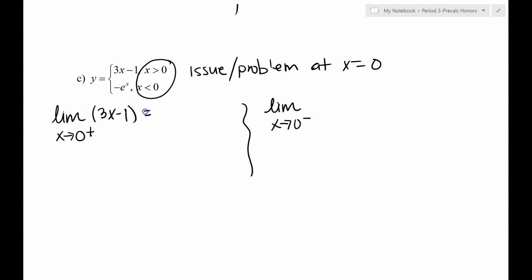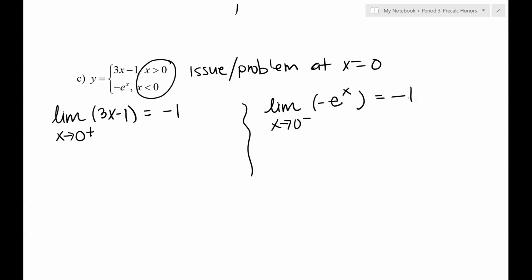Now, I can use substitution right away. When I plug in 0, 3 times 0 minus 1 is negative 1. Now, if I'm approaching 0 from the left, I am using negative e to the x. By substitution, e to the 0 power is 1. 1 times the negative 1 in the front is negative 1.